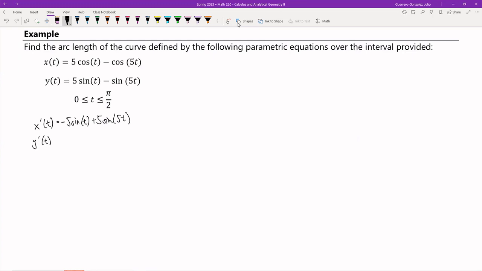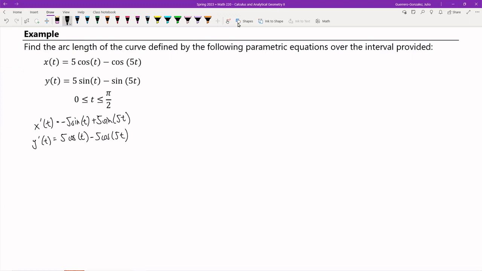Y prime of t is going to be 5 cosine of t minus 5 cosine of 5t. Same thing, it's going to require some chain rule, your run-of-the-mill derivatives of additions and subtractions. This is what you're supposed to get, okay?